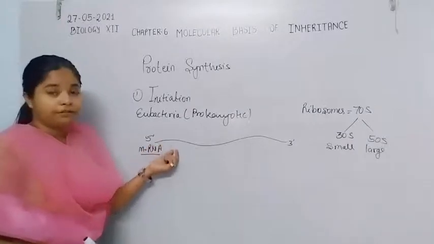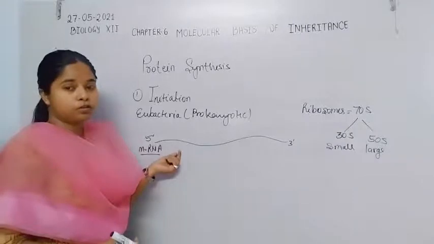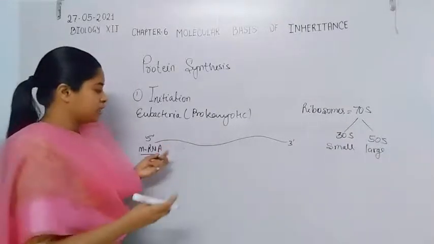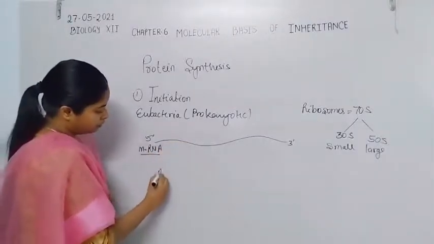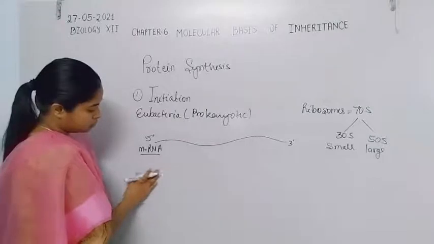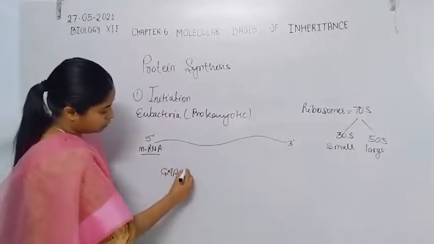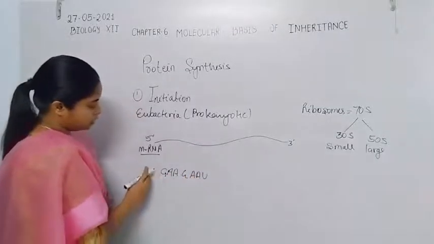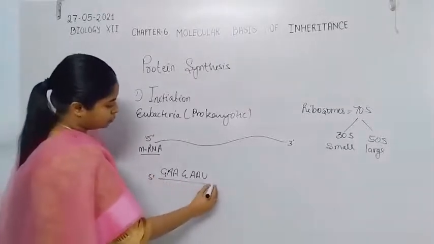At the 5 prime region, near the upstream region, the specific sequence is present. That sequence is formed mostly by purines, for example GAAU, from 5 prime to 3 prime.